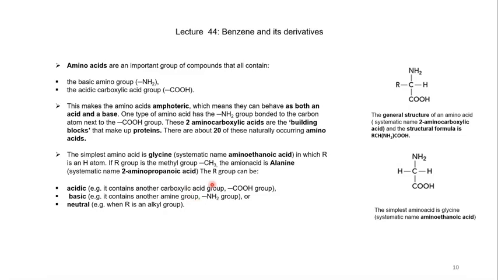Okay, if we replace this R with a methyl group, this amino acid is named alanine, and the simplest one is named glycine. The acidic part of the amino acid is the carboxylic acid group. The basic part is an amine group, and the neutral part is the alkyl group.